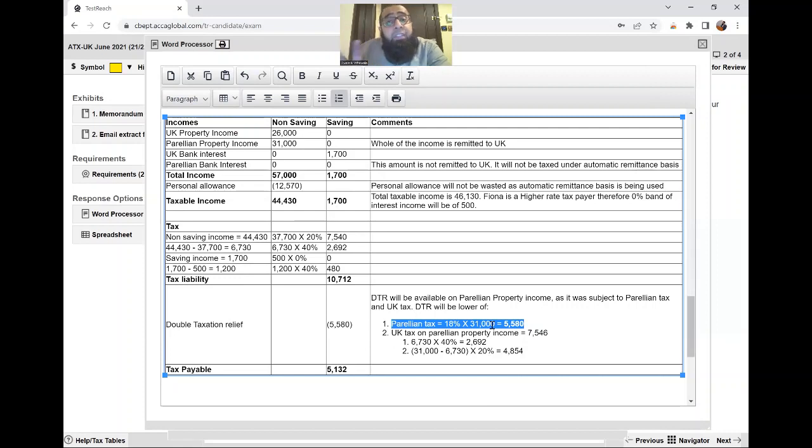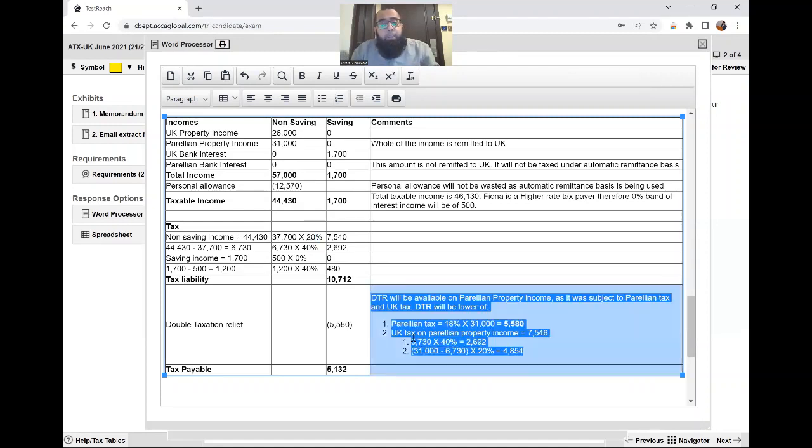Even if the property income is taxed in the UK at the lowest tax band, the lowest tax band is 20%. So if I take the lower of, obviously Parilian tax will come lower. So you can simply write lower of and you will not be required to do this working.